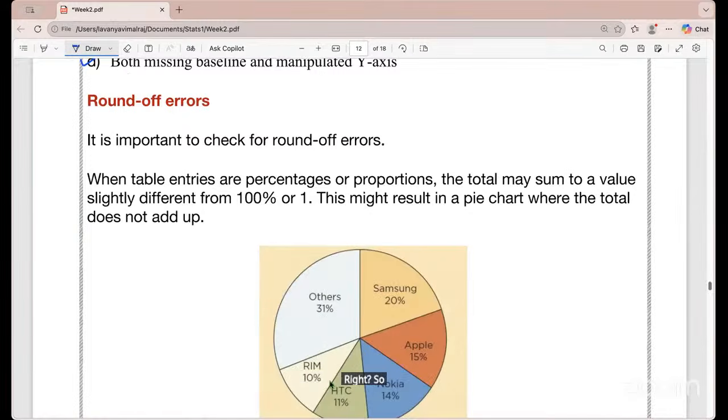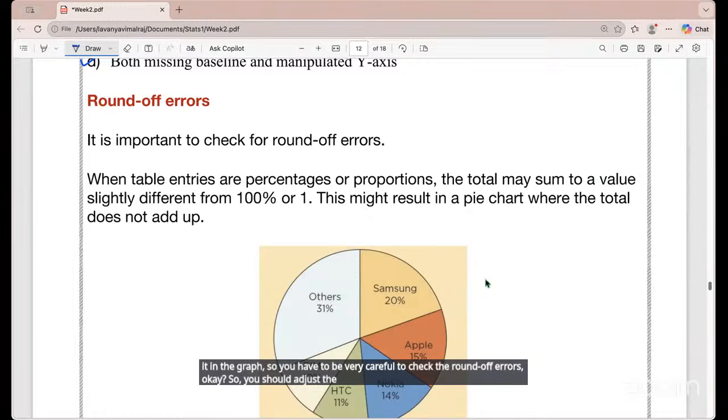What is the total in this case? Can you check? It's 92. So you have to be very careful when representing it in the graph, and check the round off errors. You should adjust the percentages in such a way that the round off errors are not too much.